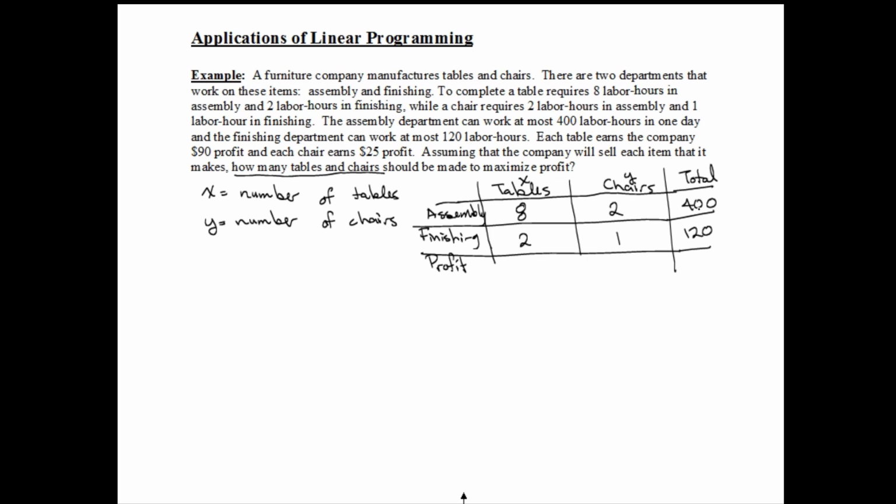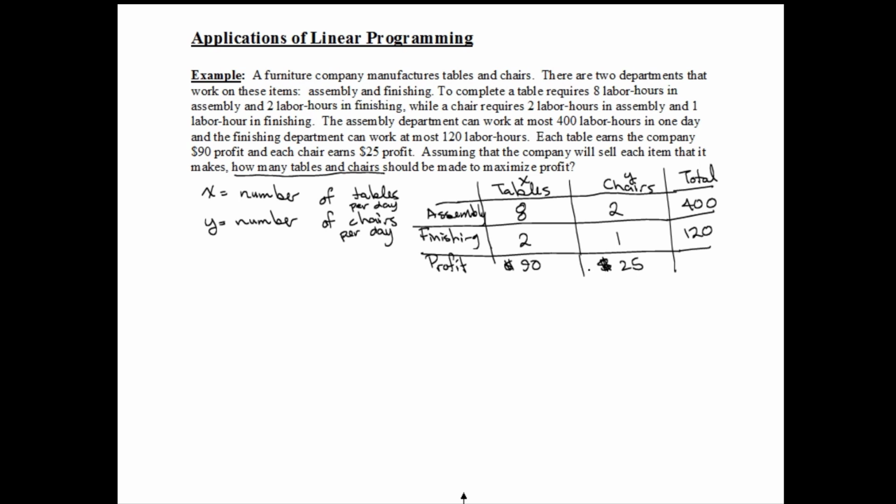Okay. And these are in one day, and so here both of these are per day also. Okay, let's figure out profit for each. Tables 90, chairs 25.